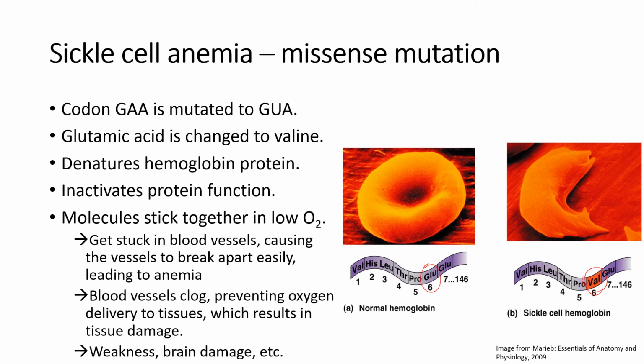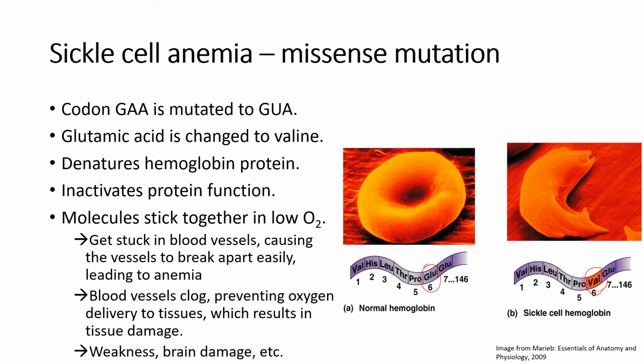And that is enough to denature what is supposed to be this biconcave disc shape of hemoglobin to this sickle shape. And this is really catastrophic because the more surface area we have on the red blood cell, the more oxygen can be carried. And very notably, this lower surface area results in a lower oxygen carrying capacity.